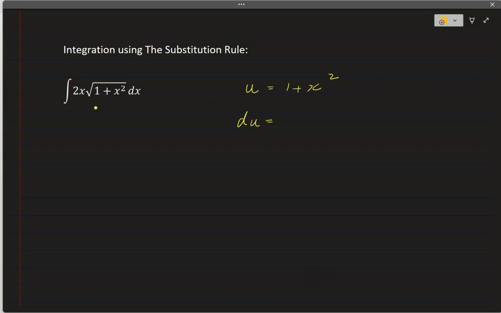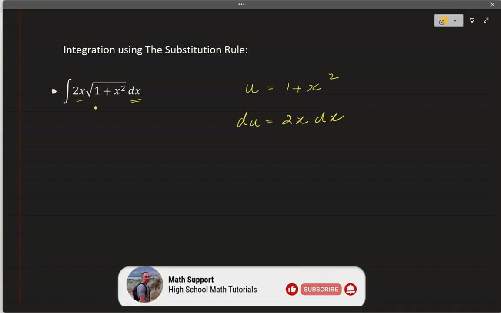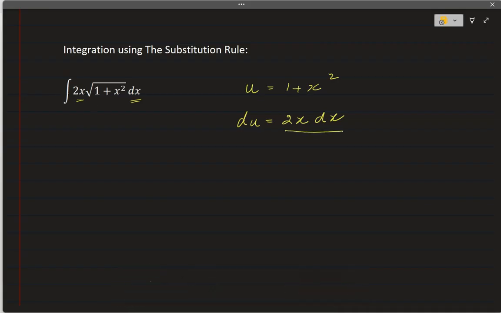So du is equal to 2x dx, because that's the derivative. Derivative of 1 is 0. And notice that in the original, we have a 2x here, we have a dx there. So use this in place of 2x dx and go ahead and change this integration into a function of u.